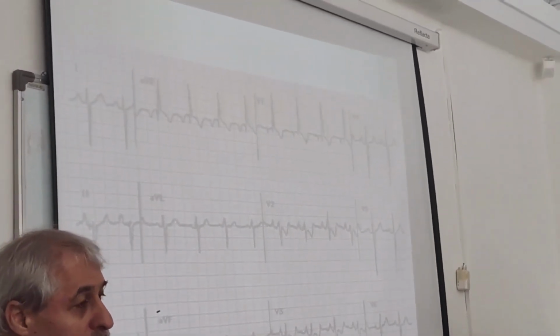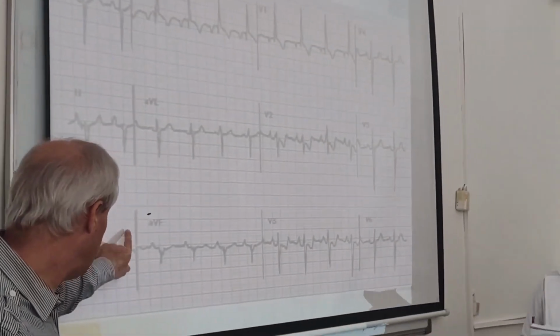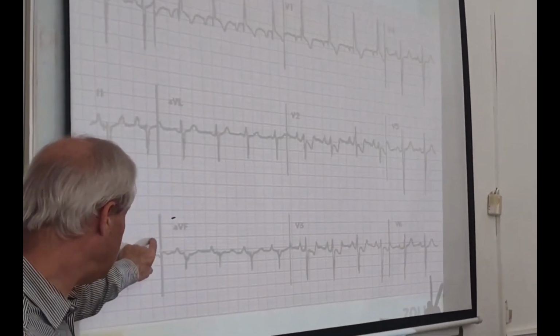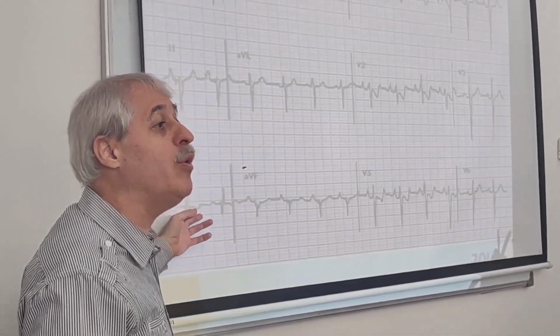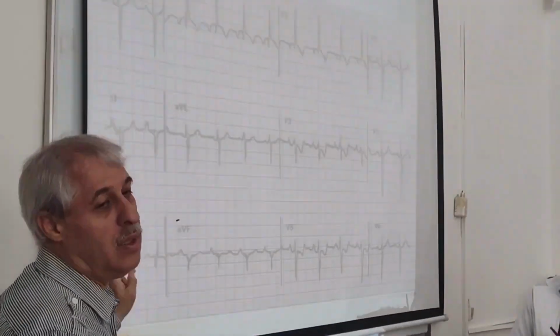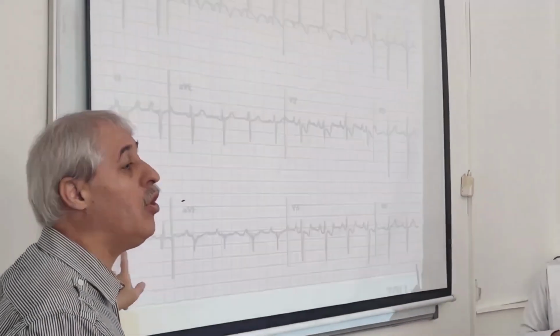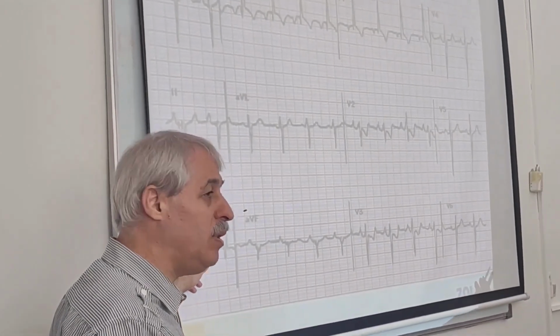And her question. Here, as you can see, the positive and negative deflections are equal in lead 3. You have an equiphasic lead in lead 3. Means the cardiac axis in this sample is perpendicular to lead 3.